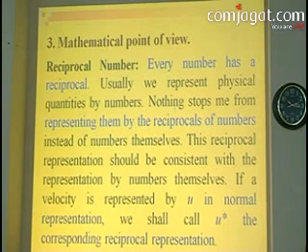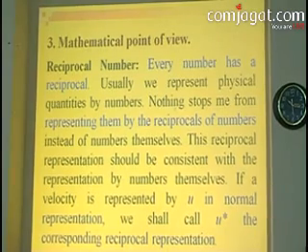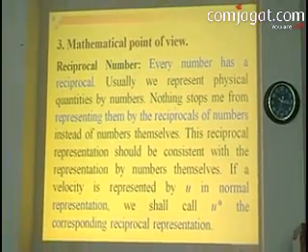From a mathematical point of view, every number has a reciprocal. Usually we represent quantities by numbers themselves, 1, 2, 3, 4, etc. Nothing stops us from representing them by the reciprocals of numbers. Instead of 2, we call it a half. Instead of 4, 1/4, and so on.